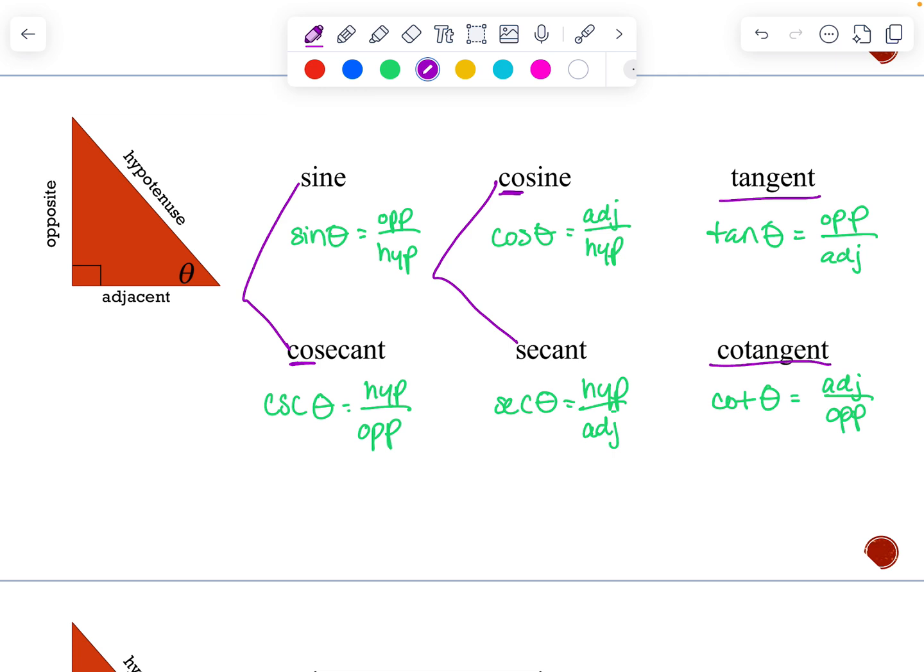Again, those already sound similar, but the rule still holds in that only one of them starts with the letters CO. If you've got another trick, let me know, but that is all I have really been able to come up with so far. But hopefully that helps you remember which ones match with which.